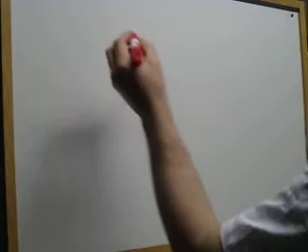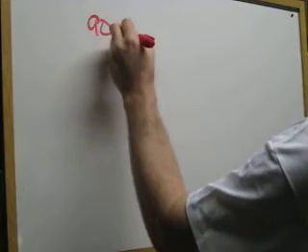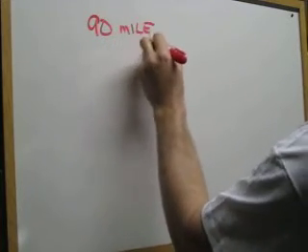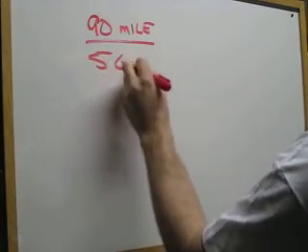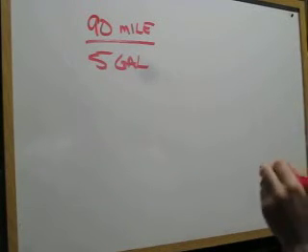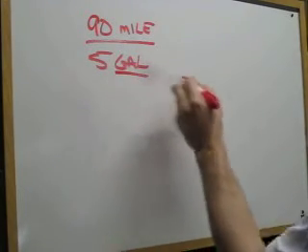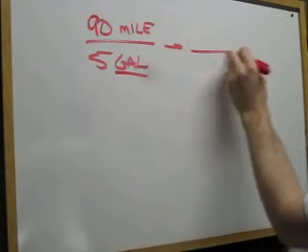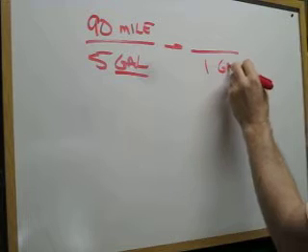So for example, if we've got a car going 90 miles on 5 gallons of gas, the question is, example 2, bottom of page 457, give the ratio of miles to gallons as a rate in miles per gallon. So this is 5 gallons. What we're looking to do is change this to 1 gallon.